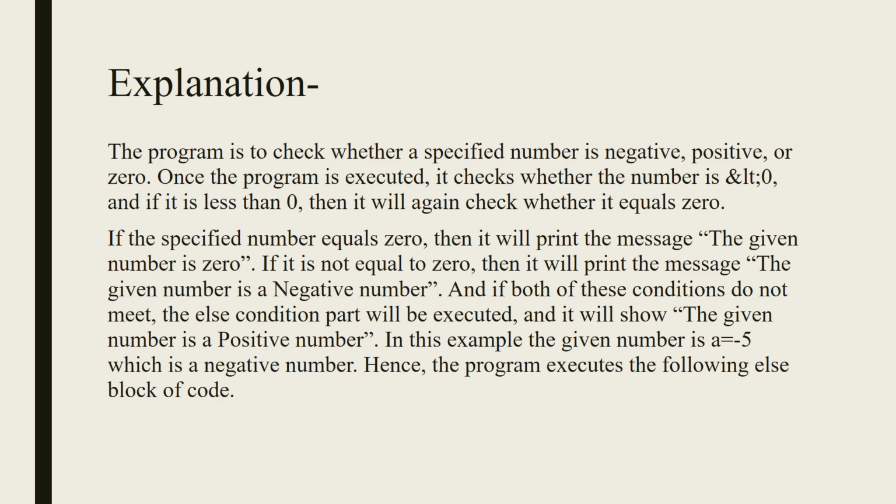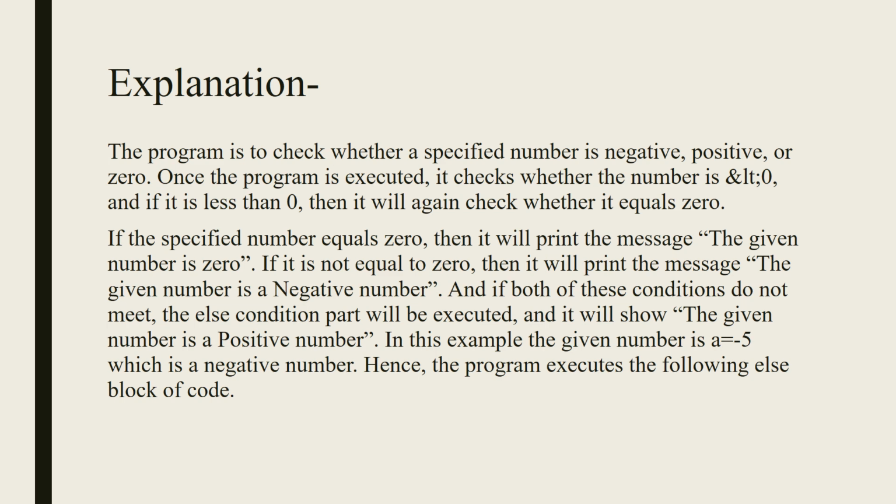The program is used to check whether a specified number is negative, positive, or 0. Once the program is executed, it checks whether the number is less than 0. If it is less than 0, then it will check whether it equals to 0. If the specified number is equal to 0, then it will print the message as the number is 0.